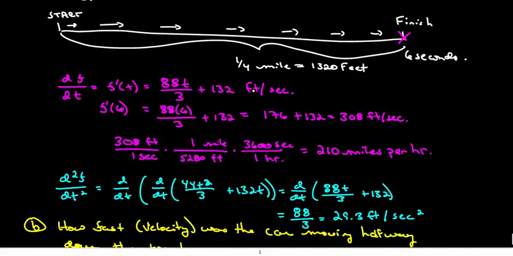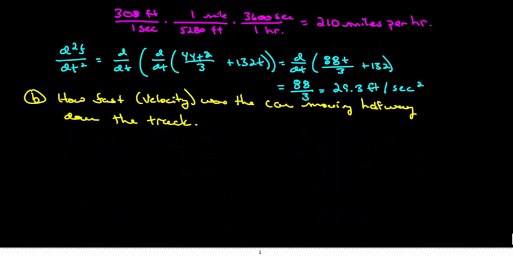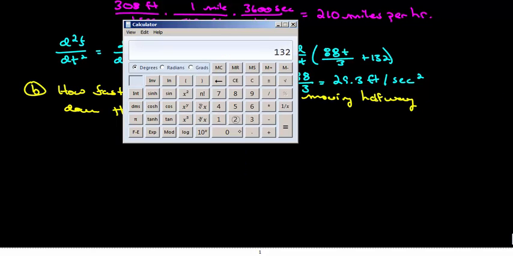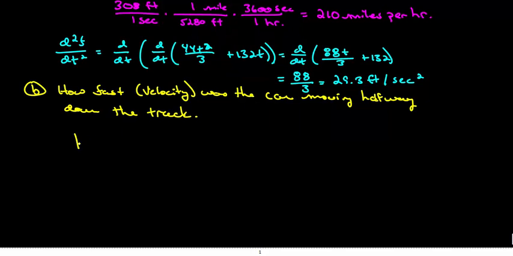So I'm going to calculate the halfway point on the track to see where it's at. The halfway point is an eighth of a mile, which is that 1320 feet divided by 2. So 660 feet. Let's draw the track again.